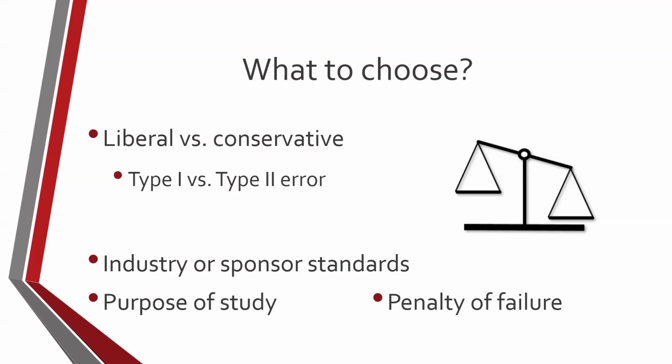But if you've got a biological product for plant health, the penalty of failure is just the cost of the product. You just don't get the boost in the yield that you hoped. And so that has a much lower penalty of failure. So it's more common to see a 15, 20, 25% significance level in studies like that.